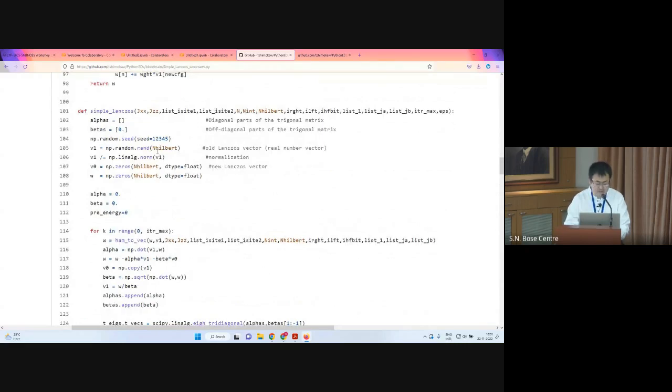We should construct the Lanczos vectors to make first the tridiagonal matrix. So we should first set the random initial vector as V1 here. NP random lamp is for the random generator using the Mersenne Twister, and you can set the random wave vector.